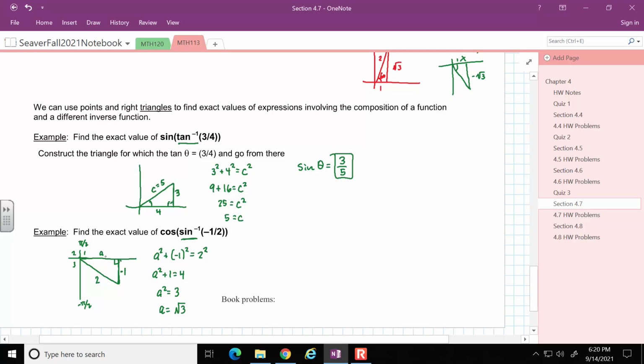Based on the position, that is a positive square root of 3. So what's the cosine of that angle? It's the adjacent side over the hypotenuse, so the square root of 3 over 2. And again, I am looking for that answer. I'm not looking for 1.86 or whatever you're going to get on your calculator if you try to solve it that way.